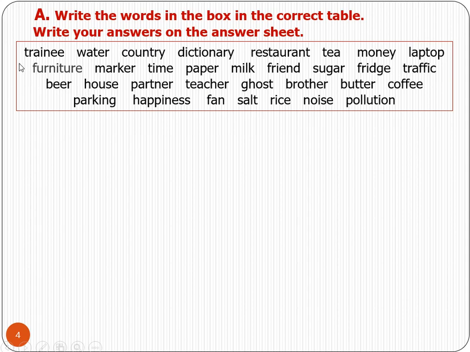For example, trainee, water, country, dictionary, restaurant, tea, money, laptop, furniture, marker, time, paper, milk, friend, sugar, fridge, traffic, beer, house, partner, teacher, ghost, brother, butter, coffee, parking, happiness, fun, salt, rice, noise, and pollution.